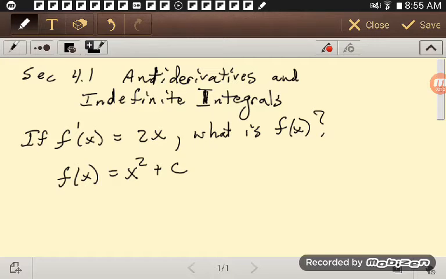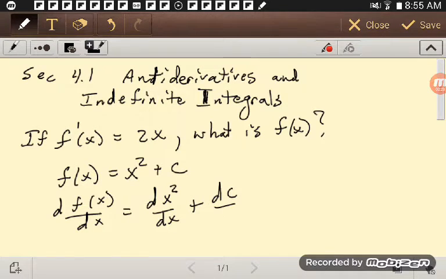Because if I want the derivative of f of x with respect to x, then that's the derivative of x squared with respect to x plus the derivative of a constant with respect to x. But that is 2x plus 0, no matter what that constant is. That constant could be a billion, and I would still get that.